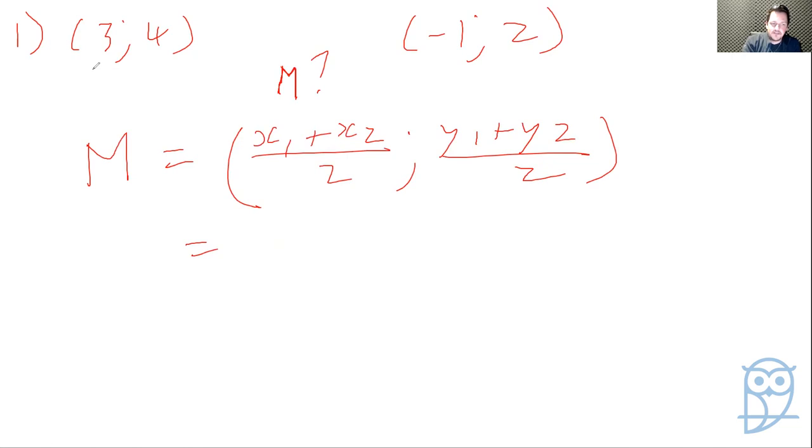Doesn't matter if I name this one x1 and this one x2, or if I name this one x2 and this one x1. You can use either point as the first point and either point, therefore, as the second point. However, you need to be consistent when it comes to the y's according to what you started with the x's. So if this is x1, this one has to be y1.